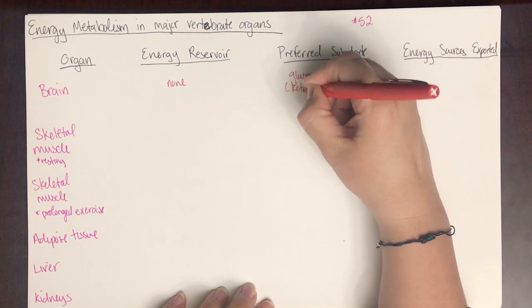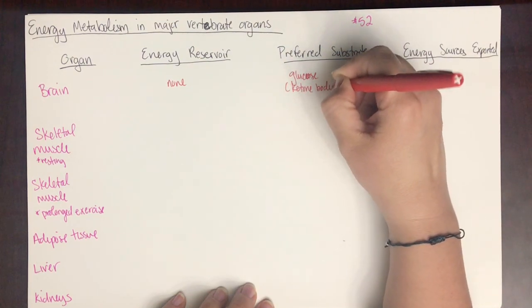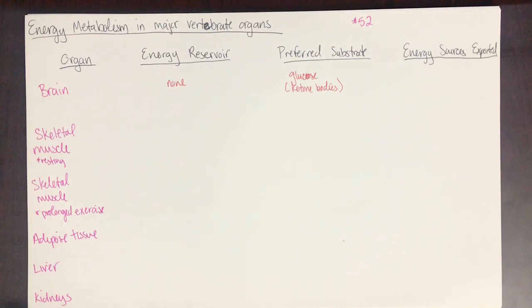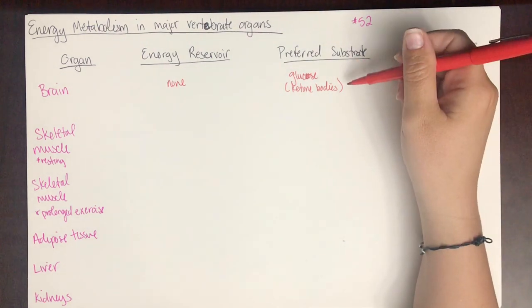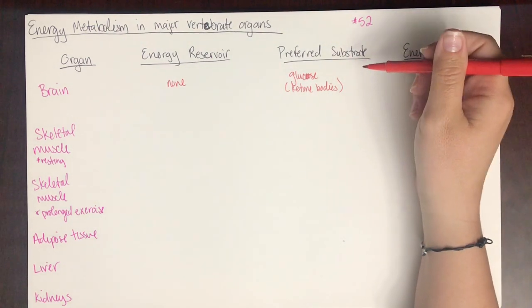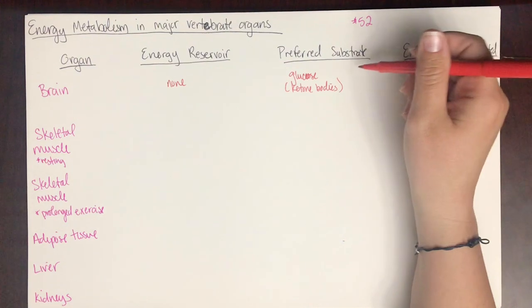However, it will use ketone bodies, which we haven't talked about yet, but during starvation, we can create what are called ketone bodies. Ketone bodies can cross the blood-brain barrier and actually be used as an energy source for our brain.